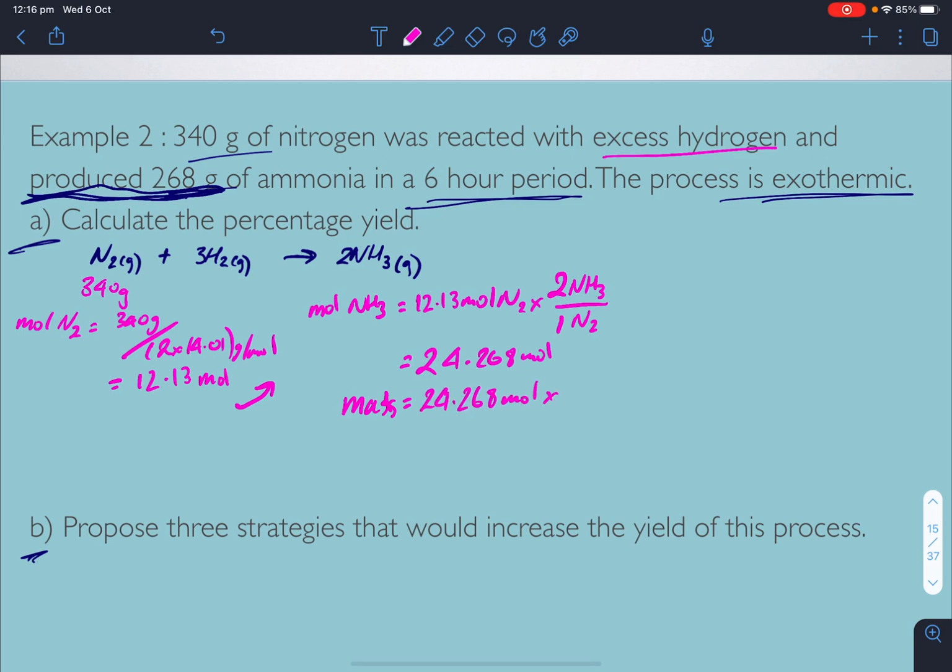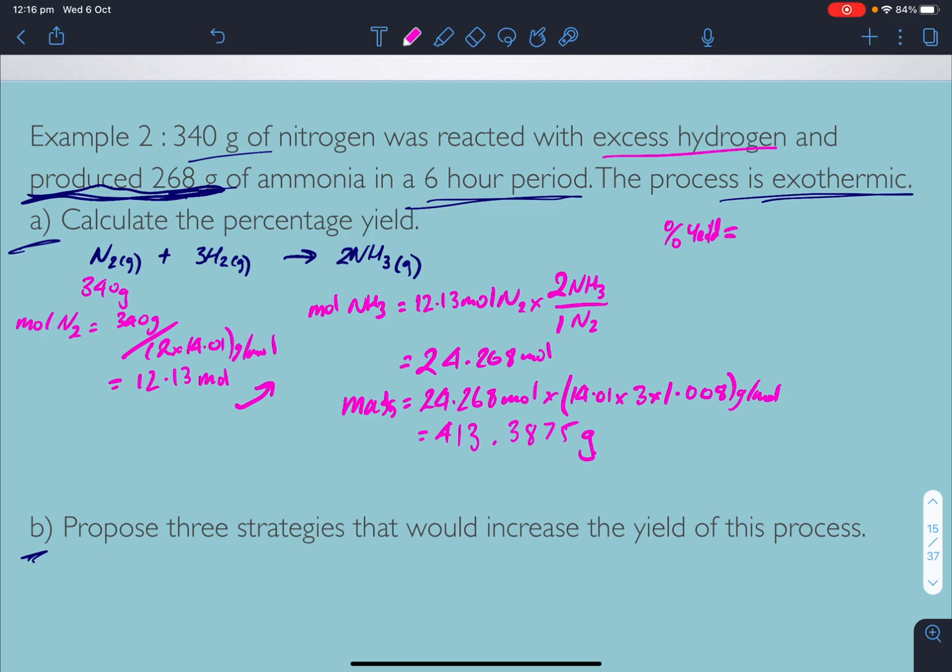Okay, convert that into a mass. Times by the molar mass of ammonia, 14.01 plus 3 times 1.008 grams per mole. Put in my calculator, times bracket 14.01 plus 3 times 1.008. So theoretically I can make 413.3875 grams. That's my theoretical yield. My actual yield was there. So my percentage yield, am I spelling yield right?